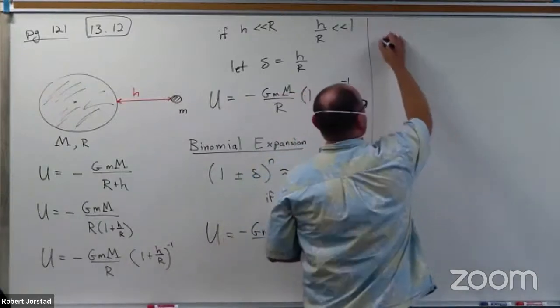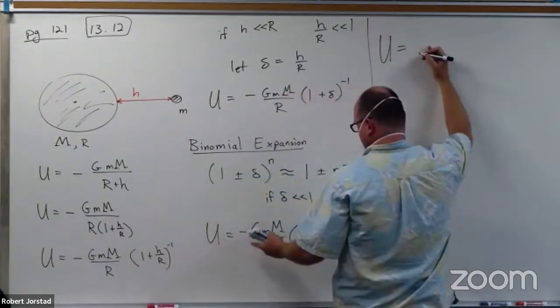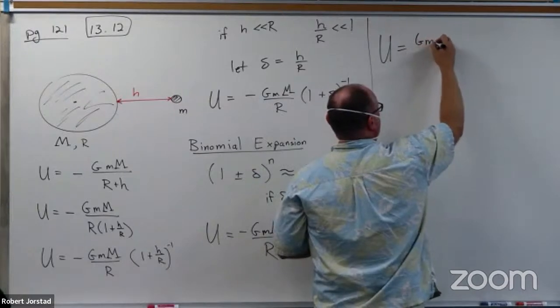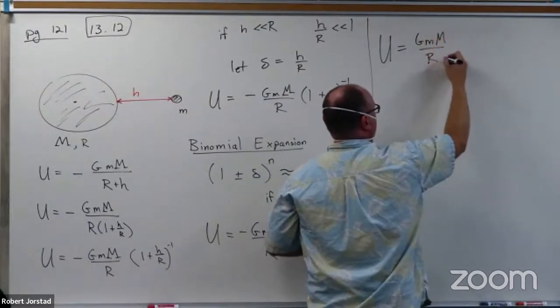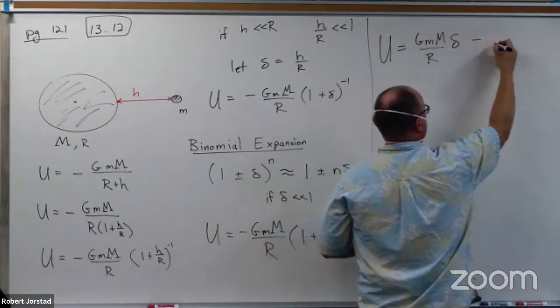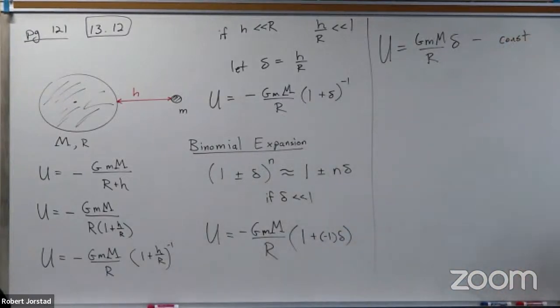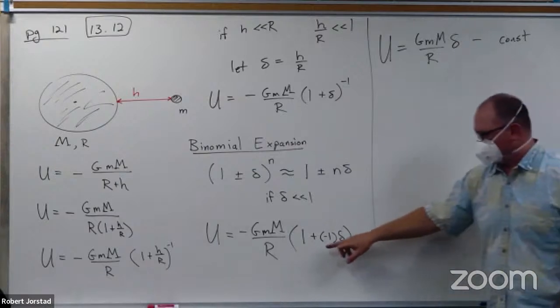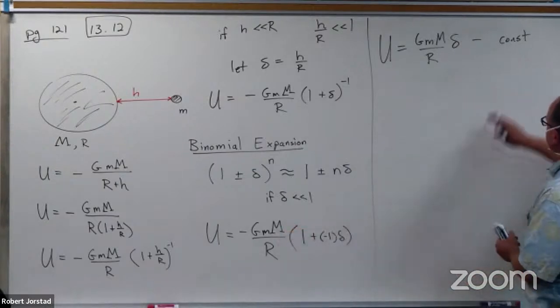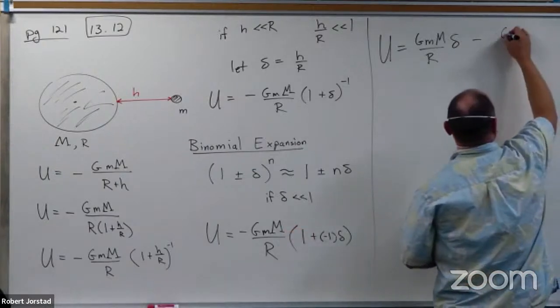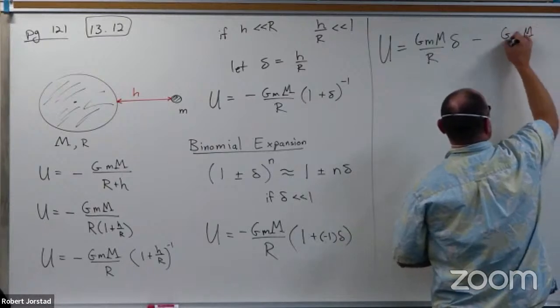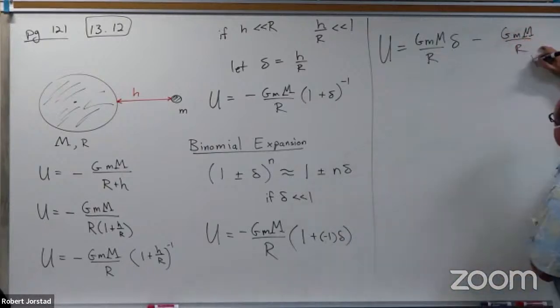We get U equals G M m over R times delta minus a constant. All right? This other term is this. Oh, we can just write the constant. But this is a constant.